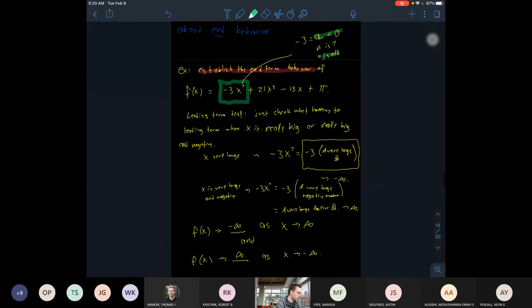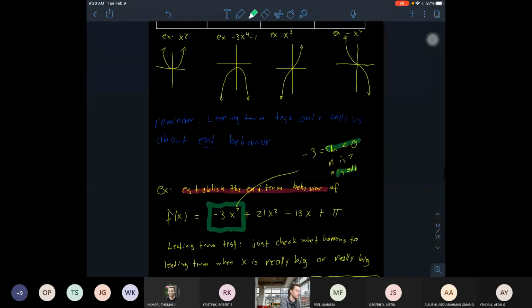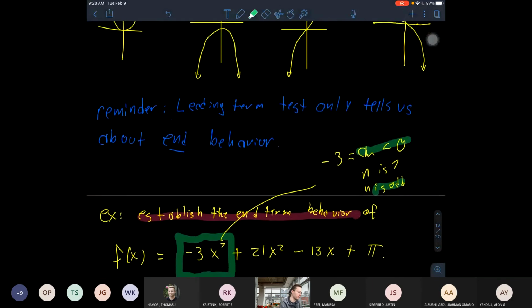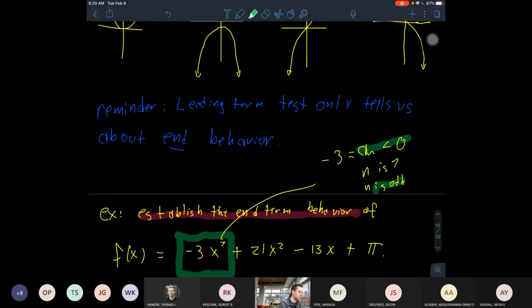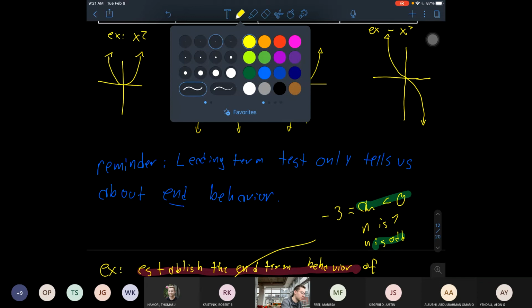All right. So yeah, just to remind you guys that the leading term test, this statement in blue here, is kind of important. The leading term test is only going to tell us about the end behavior, okay? It's going to tell us what's going on way on the ends, but it's not going to tell us what's happening in the middle.